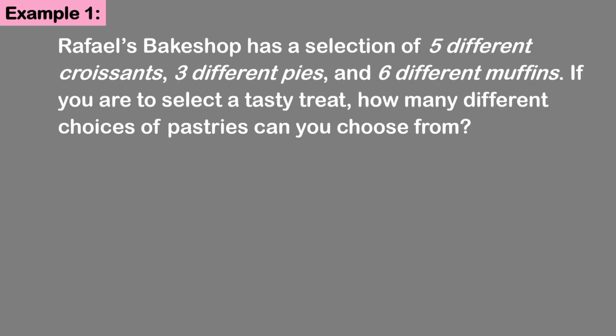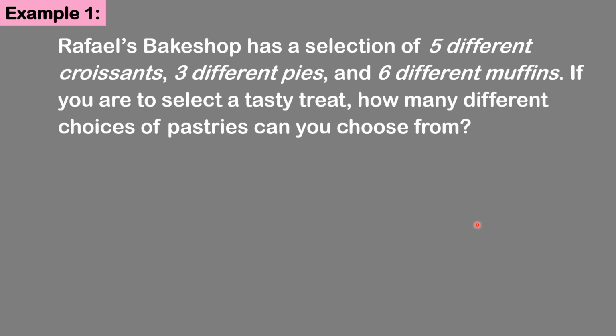Example 1. Raphael's Bake Shop has a selection of 5 different croissants, 3 different pies, and 6 different muffins. If you are to select a tasty treat, how many different choices of pastries can you choose from?